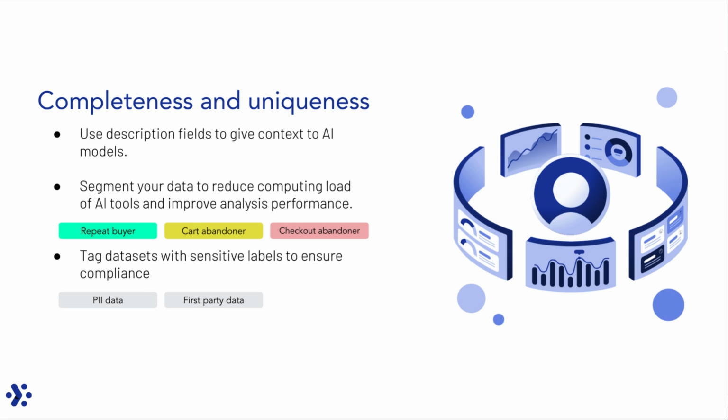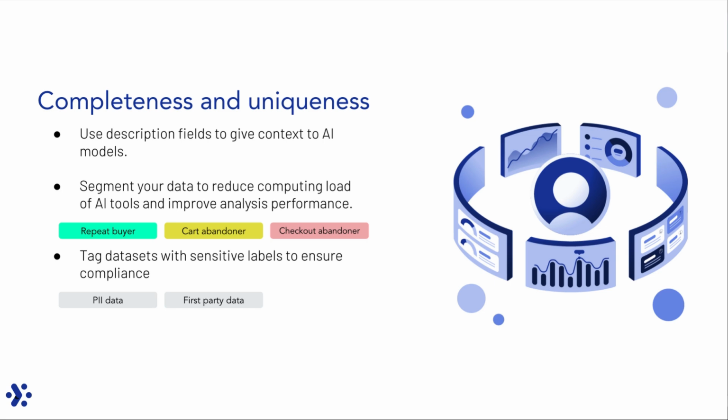And then another category that's becoming increasingly important as we work more and more with AI is the sensitivity levels of your data. Tagging specific data sets with things like PII or first party data makes it much easier to apply the right access controls across your pipelines so that sensitive information can be easily excluded from the processing or the model training.